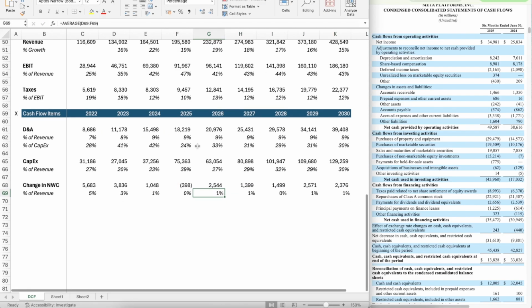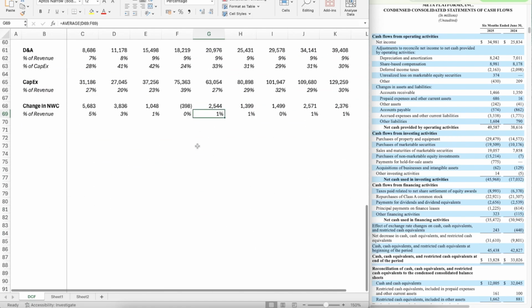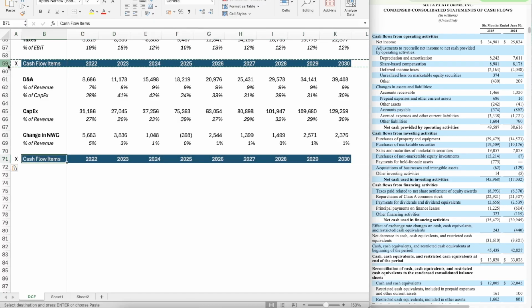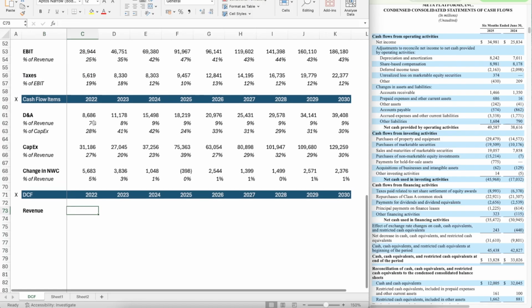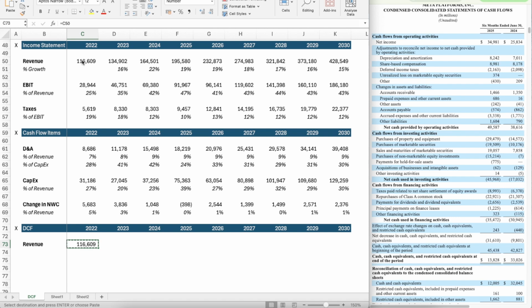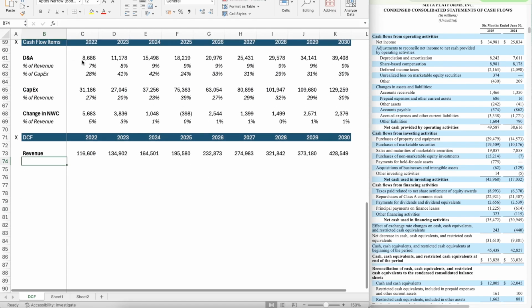Okay, looking good. Now we're building the DCF. This next section is DCF, and it's very much just copy paste, except for EBIT, because we want to build out a bull and bear case scenario.